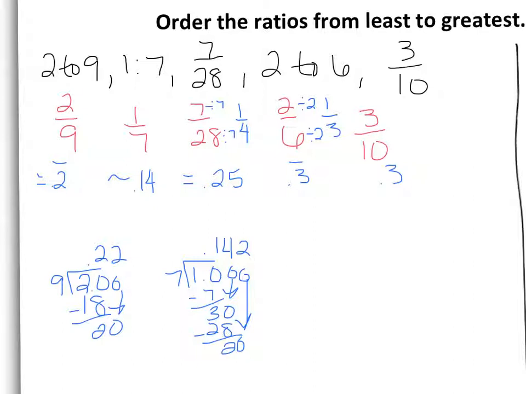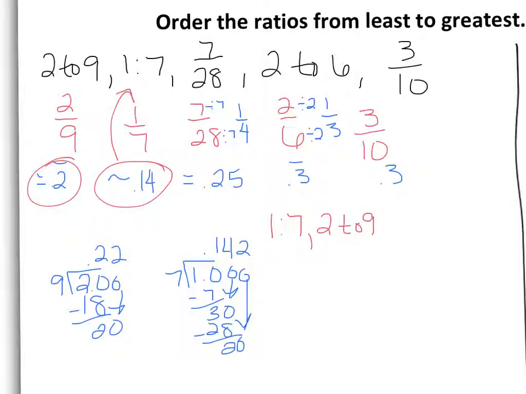Okay, now I have 5 decimals that I need to order from least to greatest. If you look at all your decimals, the smallest decimal is 0.14. But we're not going to write 0.14, we're going to write my original ratio. So my smallest ratio is 1 to 7. My next smallest is 0.2 repeating, so 2 to 9.